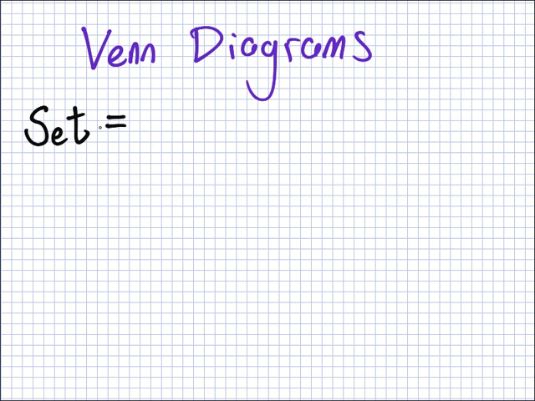You all know what a set is, don't you? What would you say the definition is? It's a little bit more than that. It's not quite to do with probability just yet.